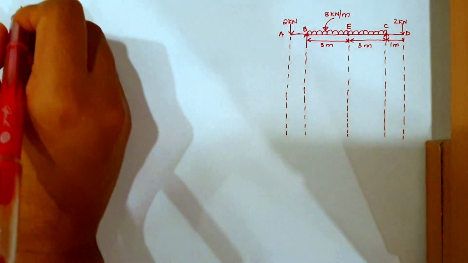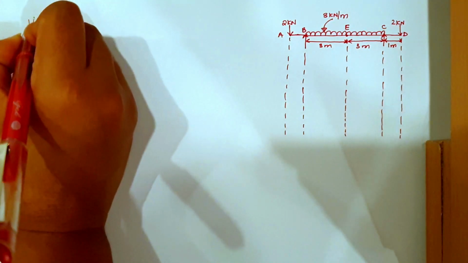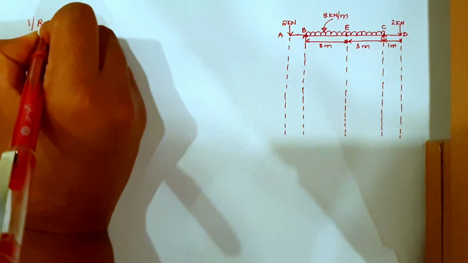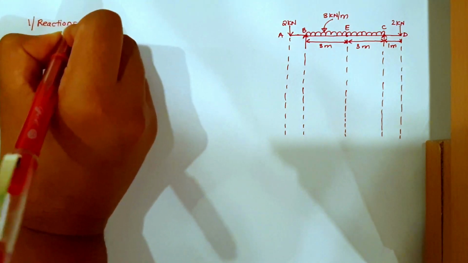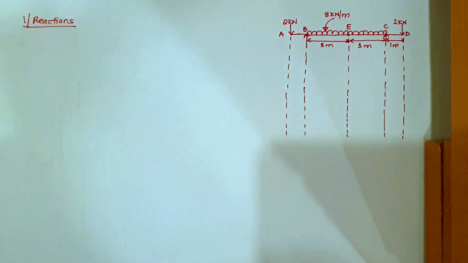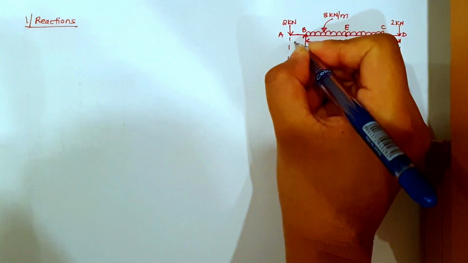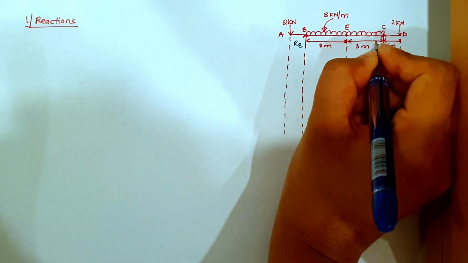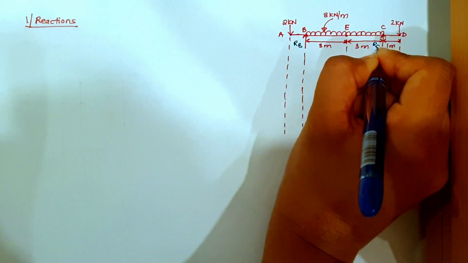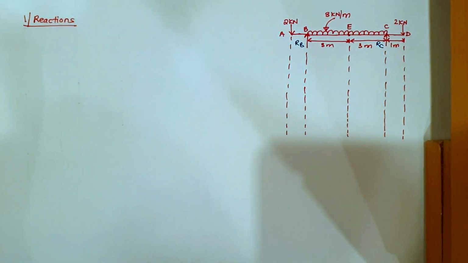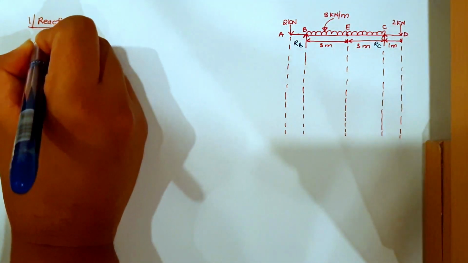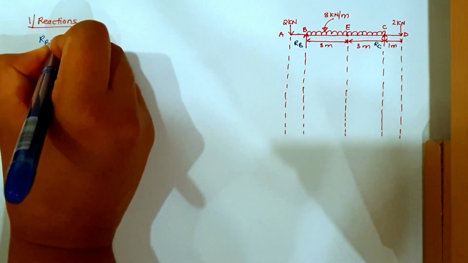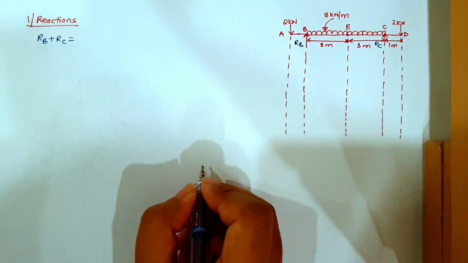Let us start by finding its reaction. In this case I'll have reaction RB and at C, RC. So the total reaction RB plus RC will be equal to the total load coming on the beam.